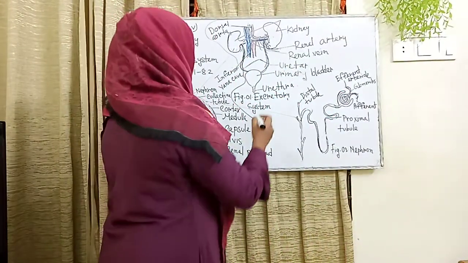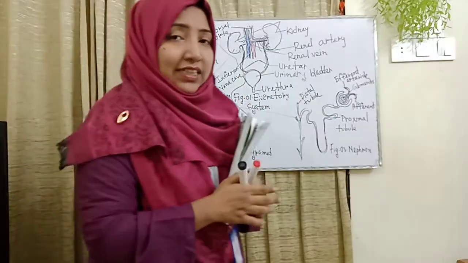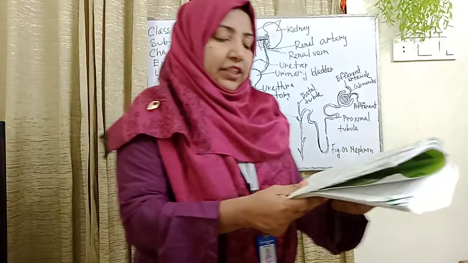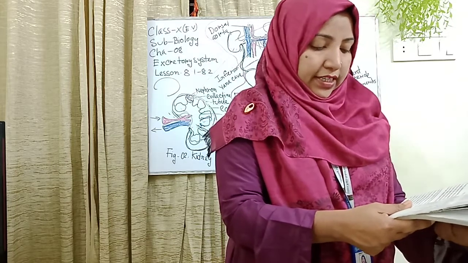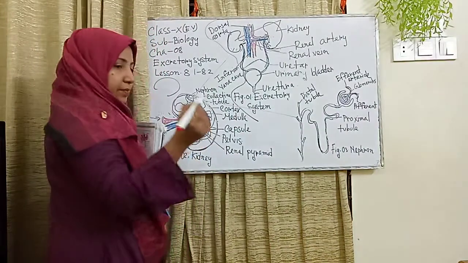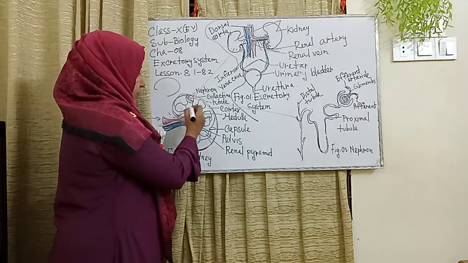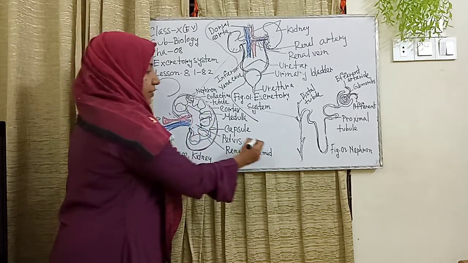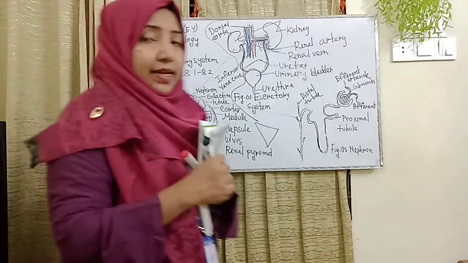This structure is the urinary bladder, a thick-walled structure. The funnel-shaped extended part or space of the ureter is called the renal pelvis. Please everyone look at this funnel-shaped structure; its other name is the pelvis.